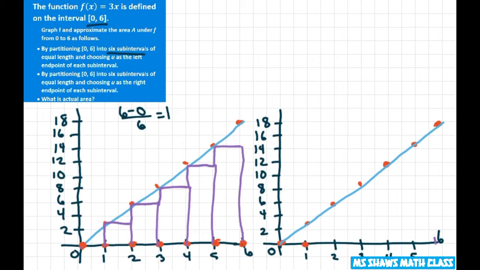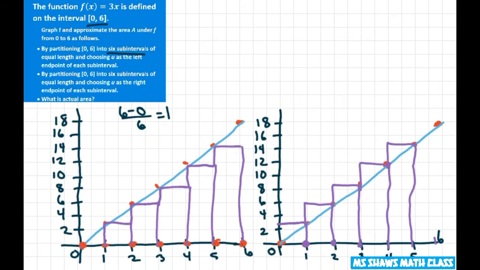Now if we do the left, we're starting at f of 1. So we're going to go from 1 here, go up, and then draw to the left. And then from 2, you go up here, draw to the left, and you can connect like that. 3, you go to your y value, draw to the left. 4, go up here, draw to the left. 5, hard to draw straight, go to the left.